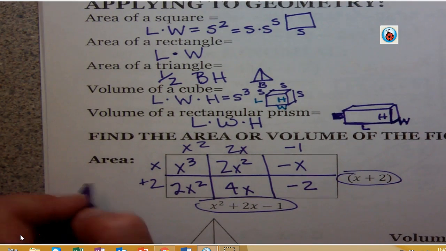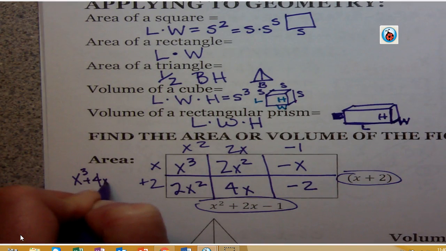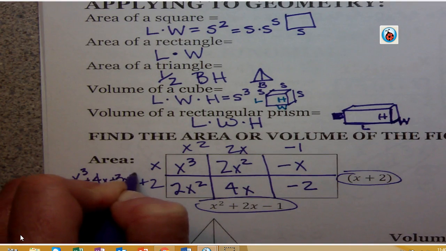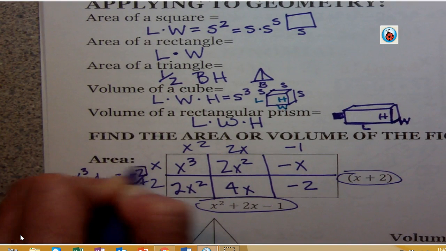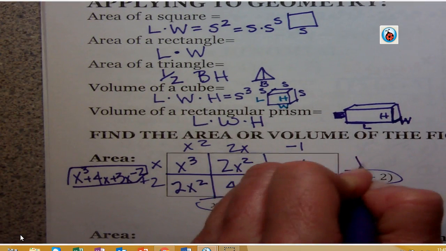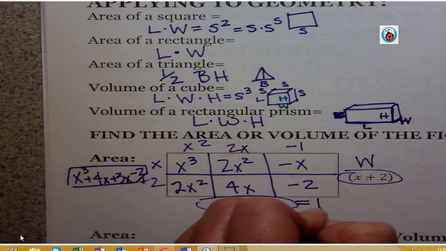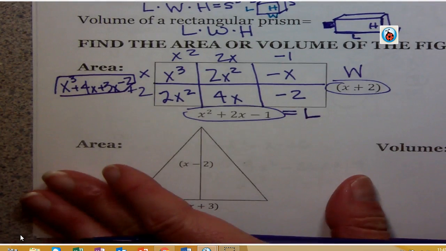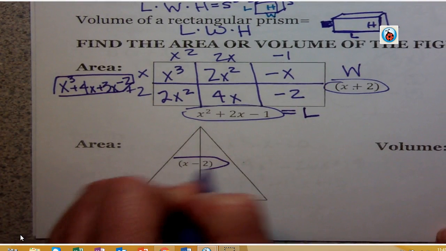So the answer would be x cubed plus 4x plus 3x minus 2. All right. You're basically just multiplying your width times your length. Same here. This is my height.